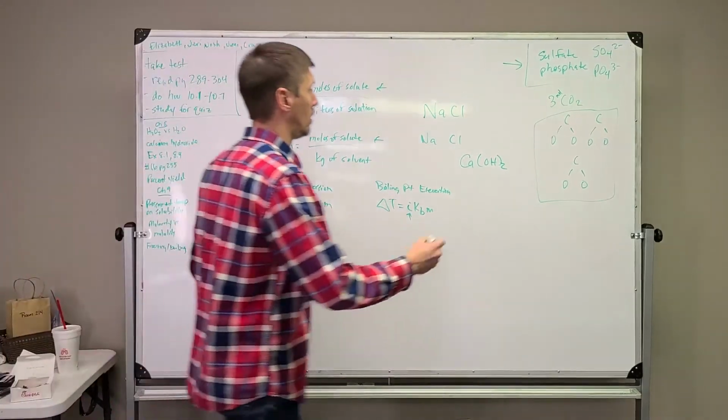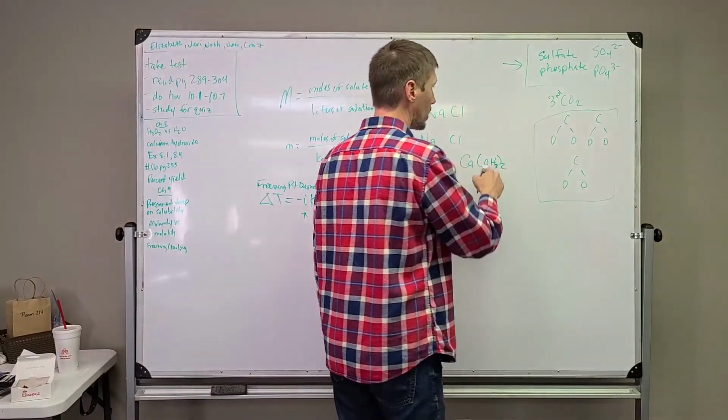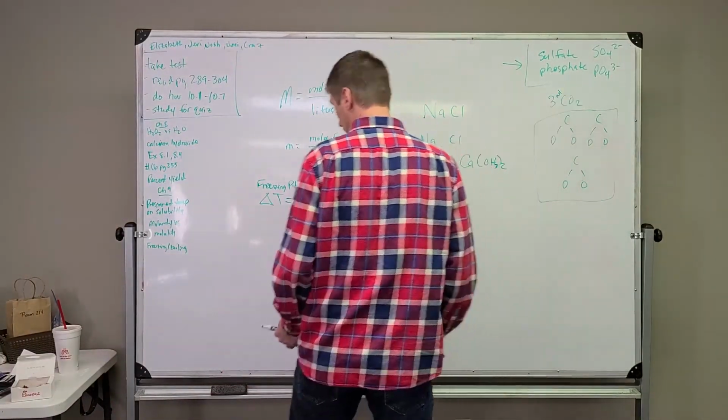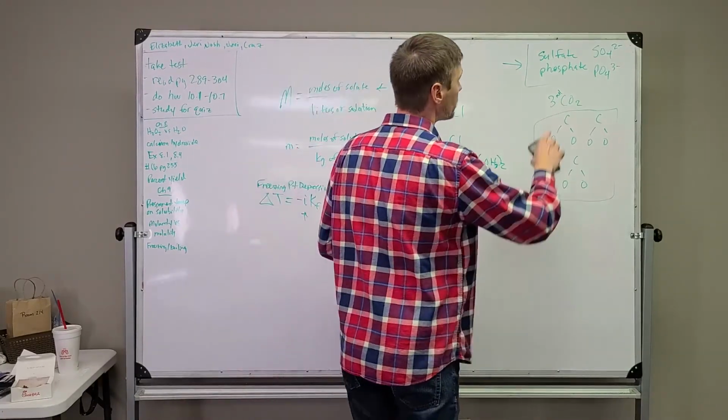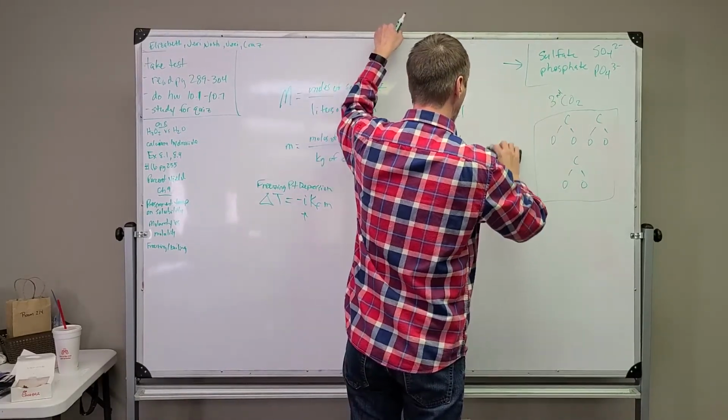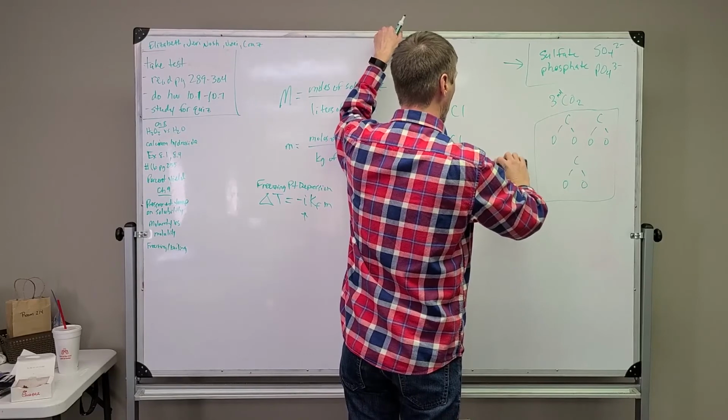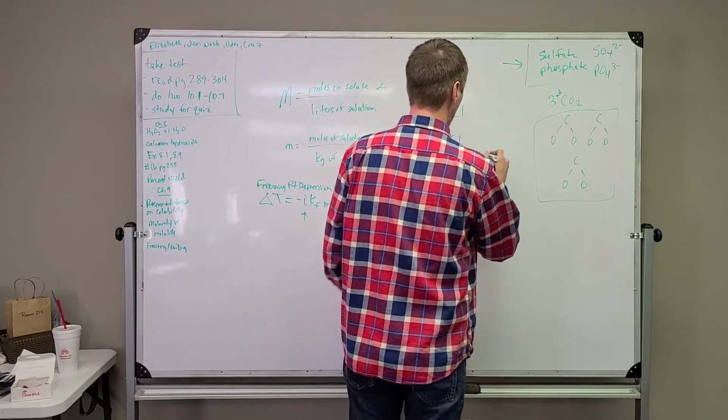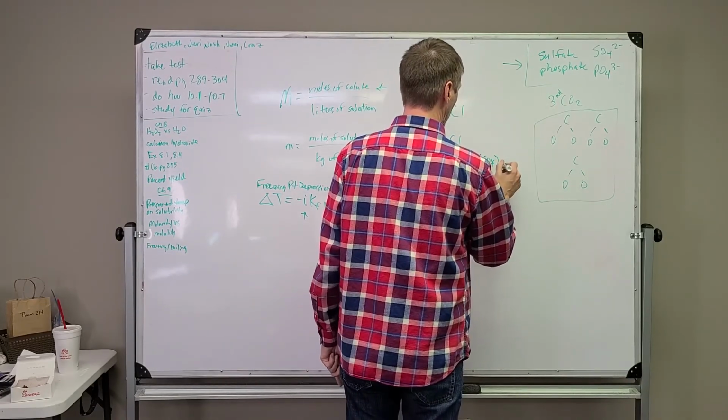Yes? Let's say inside of the parentheses there was a 3, for example. How many ions would there be in that? It would be like one of these. Let's say SO4.